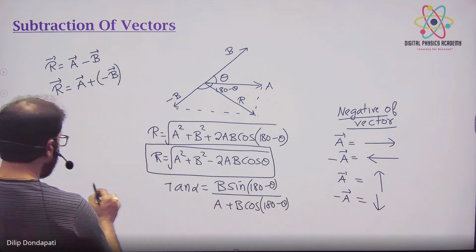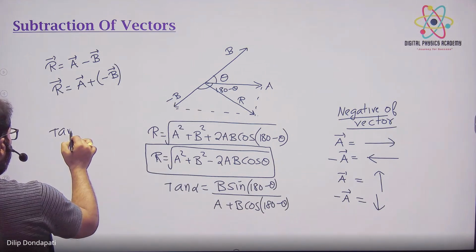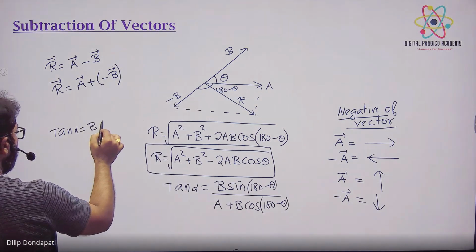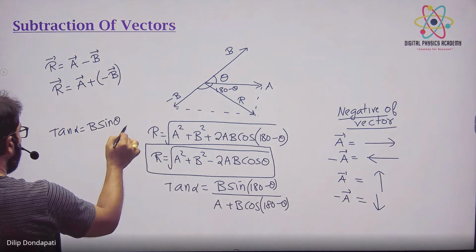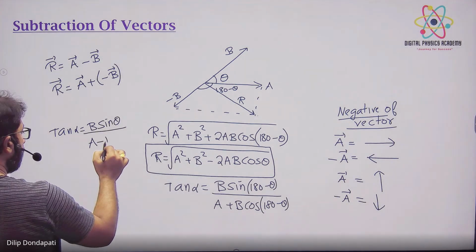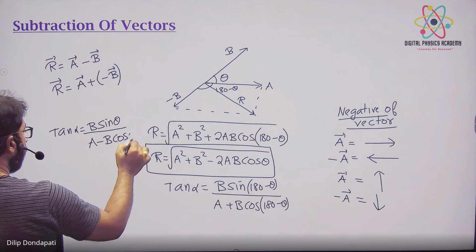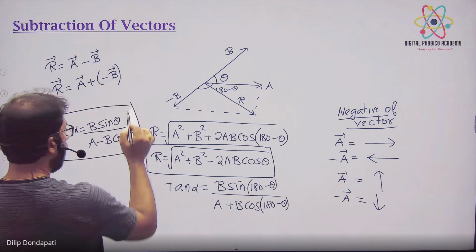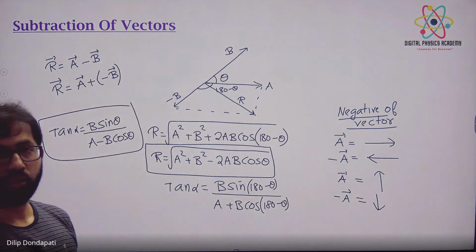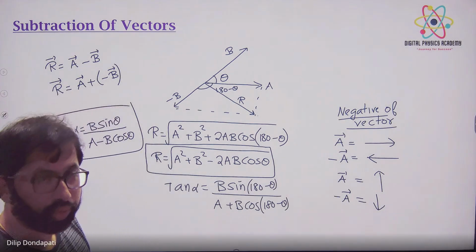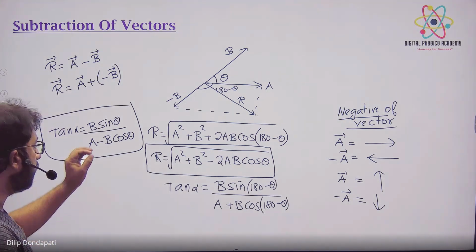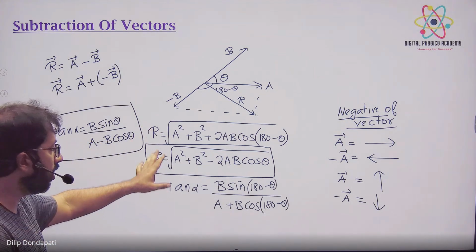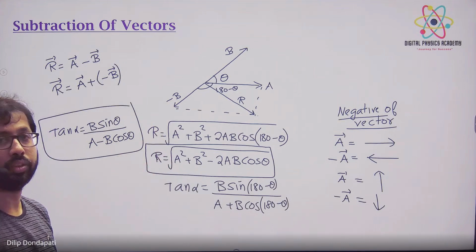So sin 180 minus theta will be sin theta only. So it is b sin theta by a minus b cos theta. This is the angle. So now, for subtraction of two vectors, the formula is under root a square plus b square minus 2ab cos theta.